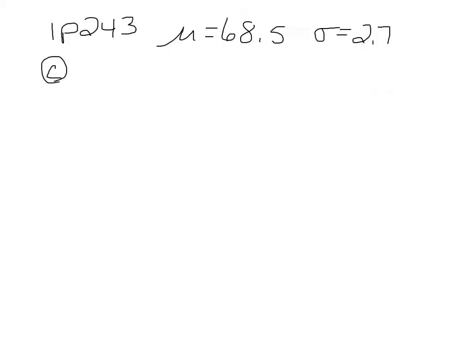Okay, as we continue, we're going to do one on page 243, and we're going to calculate their height and their standard deviations. So a man's mean height is 68.5 inches, and his standard deviation is 2.7 inches. Marvin has a z-score, or a standard deviation, of 2.1 below the mean, so that is a negative.